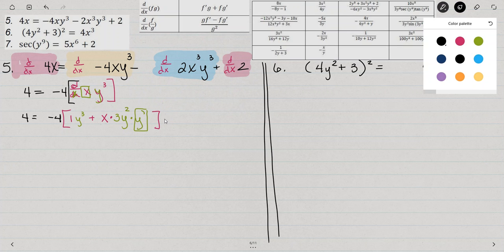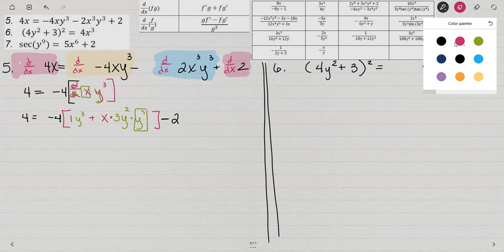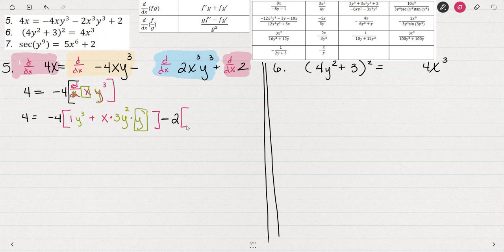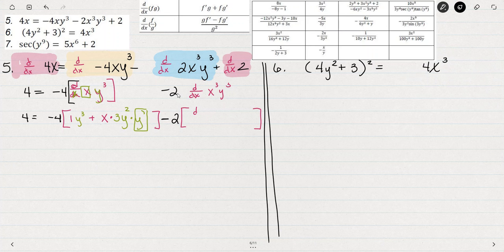Doing the same thing to this next term, I'm going to pull out the 2 again, because that just seems to make it quite a bit easier. And we're going to do minus 2 times the derivative of x cubed y cubed. Do you see how I pull out this negative 2?